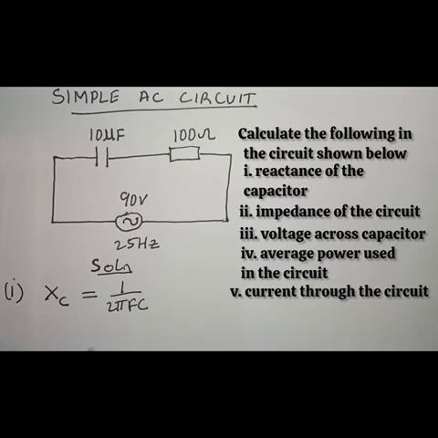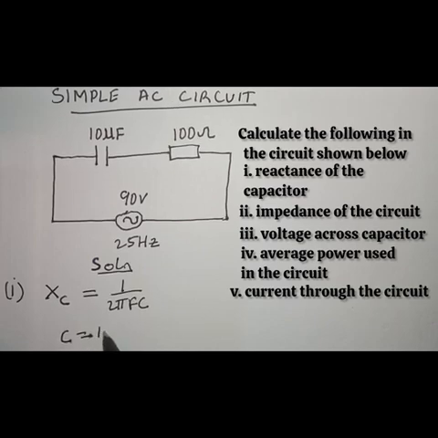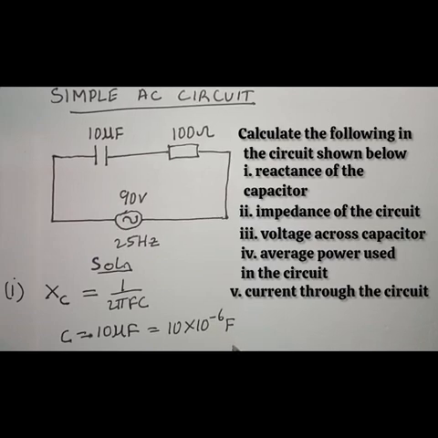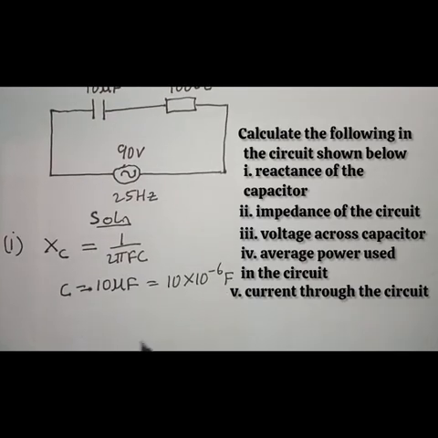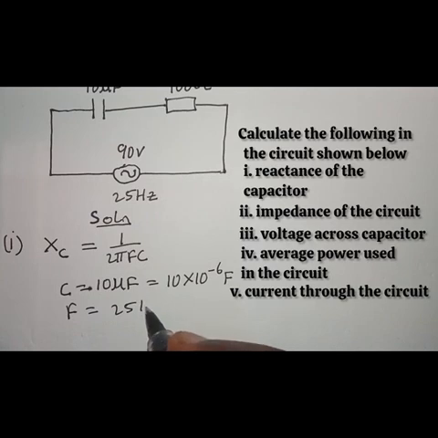From what we have here, our C is 10 microfarad, which of course we know that micro is 10 raised to power minus 6. So that is 10 times 10 raised to power minus 6 farad, while the frequency from the circuit diagram is 25 Hz.